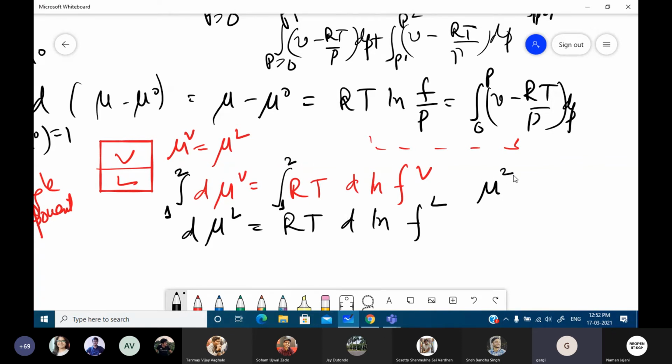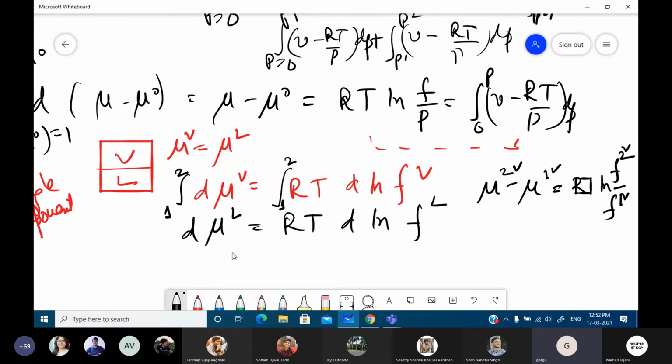So therefore, this gives you mu 2 minus mu 1. This particular state is a standard state, right? This is RT ln f2 by f1. Whole thing is for V. So therefore, this is mu 2V, mu 1V, f2V, f1V.